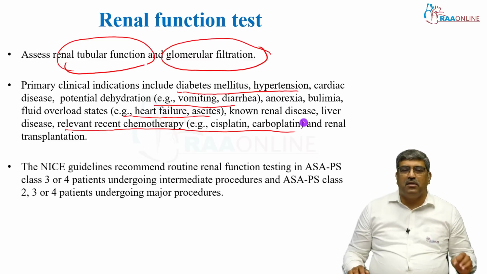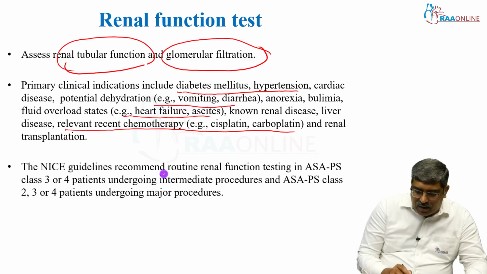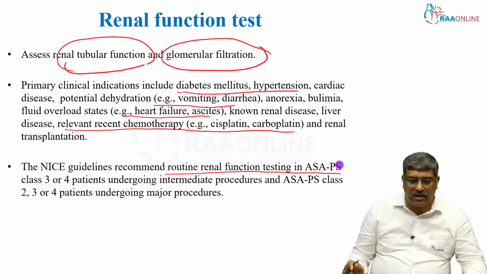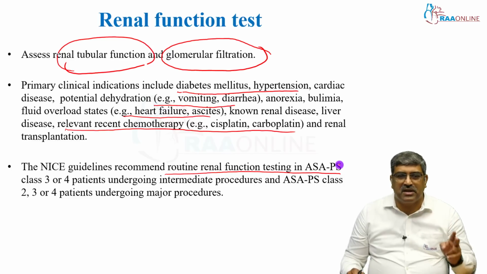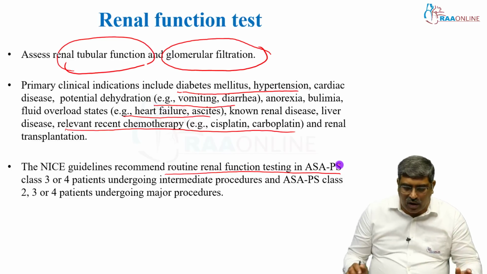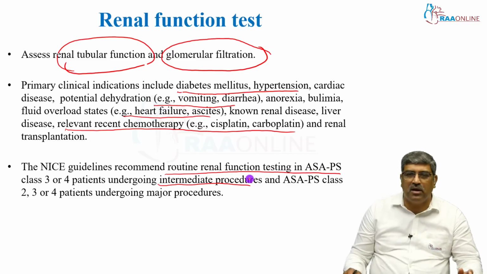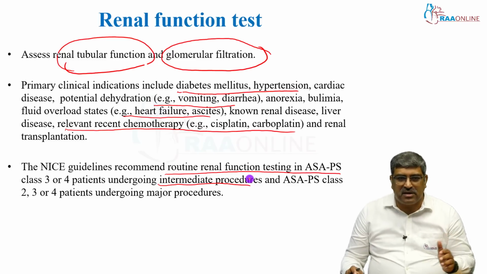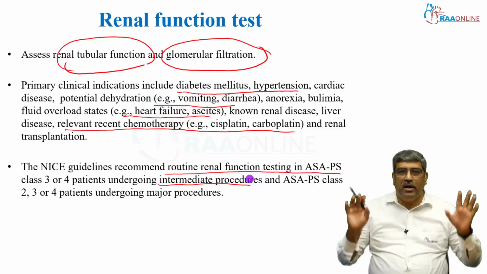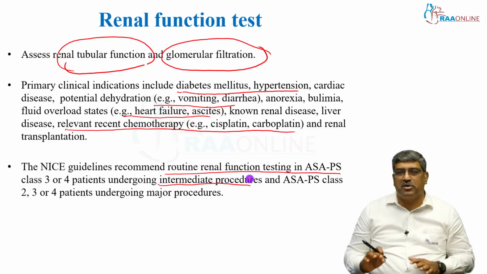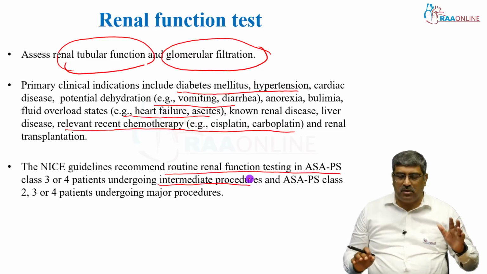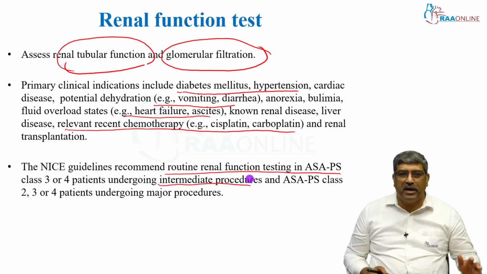The NICE guidelines recommend routine renal function testing in ASA physical status class 3 or 4 undergoing intermediate procedure and ASA physical status 2, 3 or 4 undergoing major procedure. So, any major procedure with ASA physical status 2, 3 or 4, you do a renal function test.